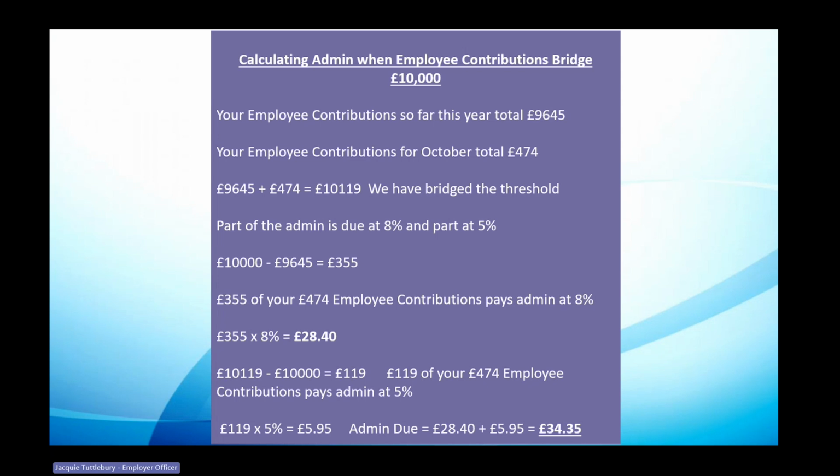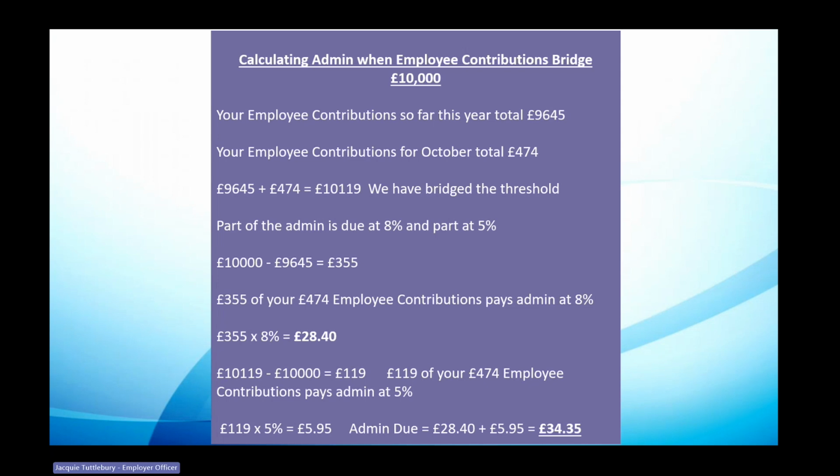So we can straight away see we're going to bridge the 10,000. If I add the two figures together, my balance so far and this month's employee contributions, we have £10,119.